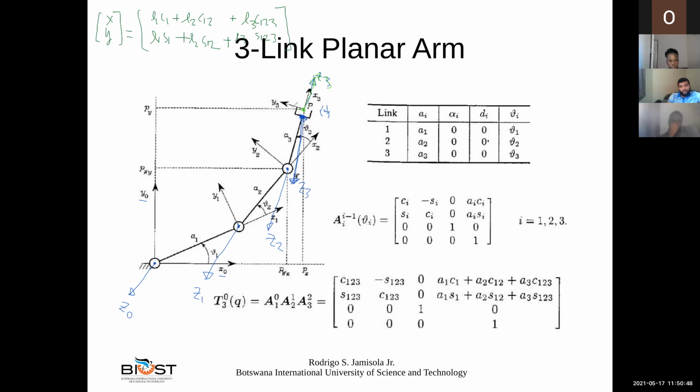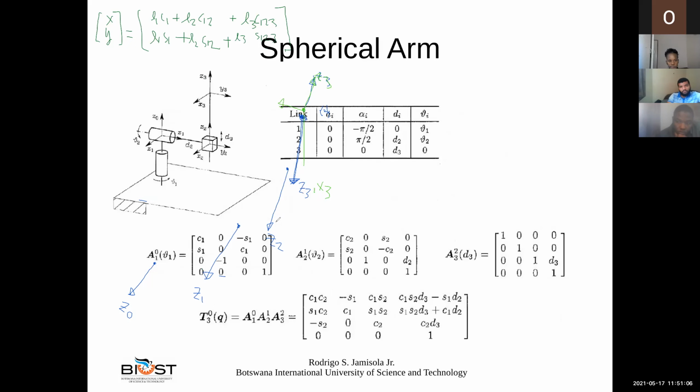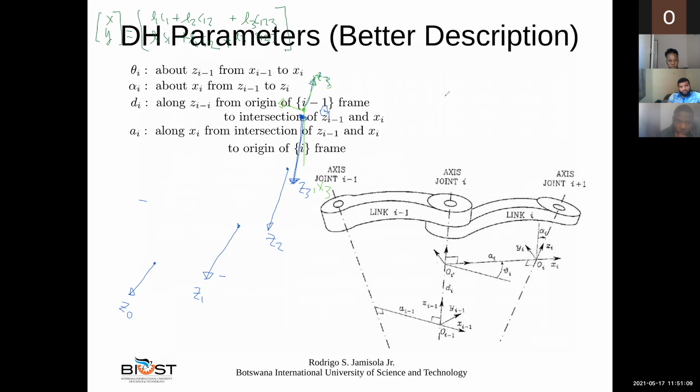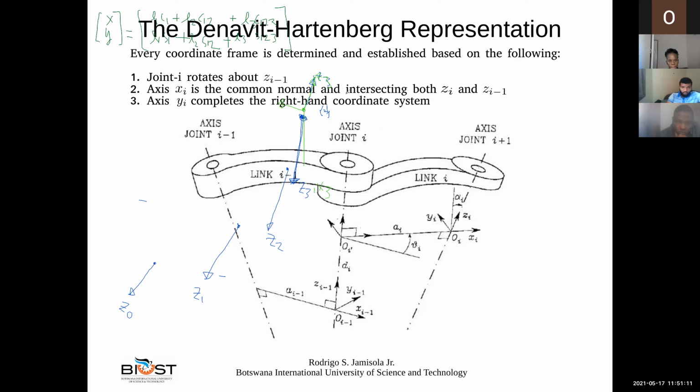It could be this one in the plane, or it could be like this one, parallel to z2. In that case, is x3 a common normal to both, normal and intersecting to both z3 and z2?